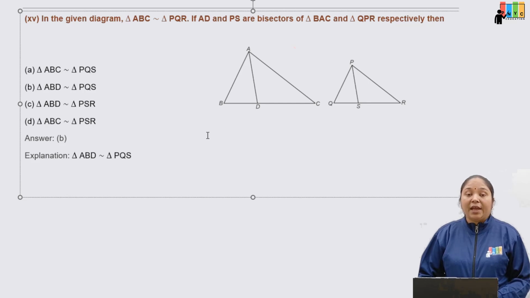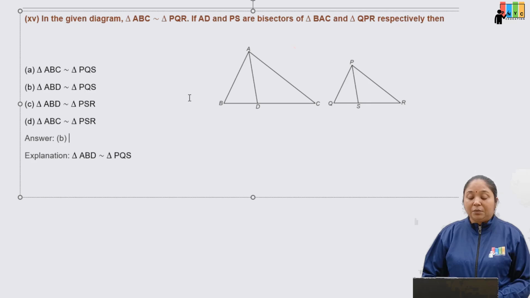So they are equiangular and the ratio of the lengths is also equal. That means these two triangles are similar. So the correct option is option B. Similarly, you can check the other two options as well: are they equiangular and is the scale factor the same? You can check. So the correct option is option B, triangle ABD is similar to triangle PQS.